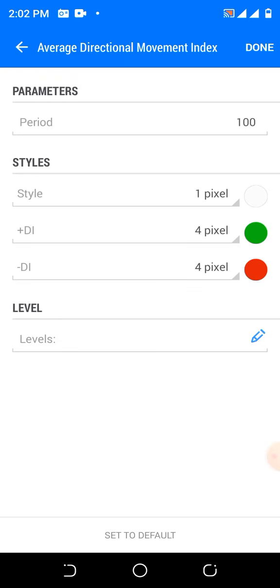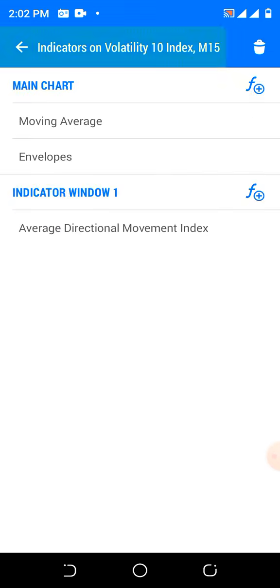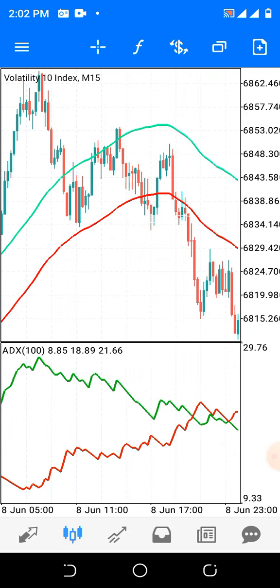And also set the pixel at 4 for each of them so that the color will be very clear. So that is all about the indicators. This is a power-packed strategy.